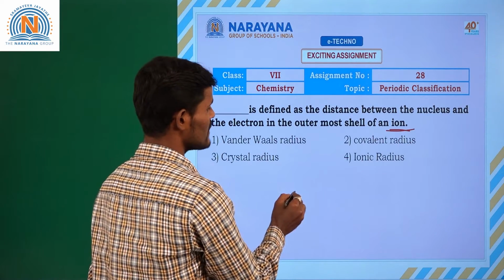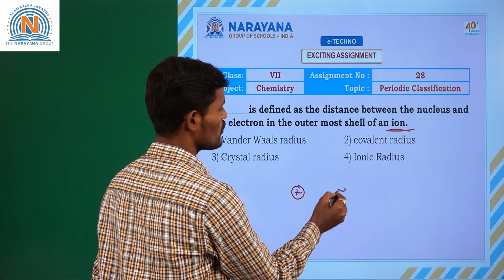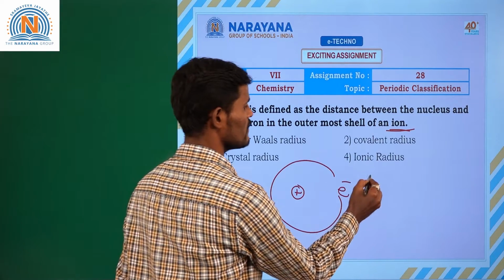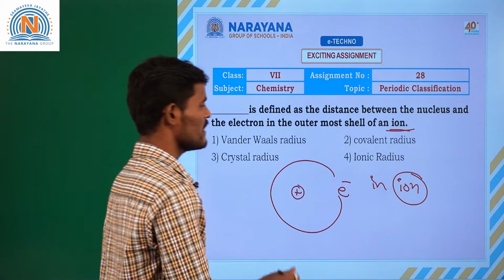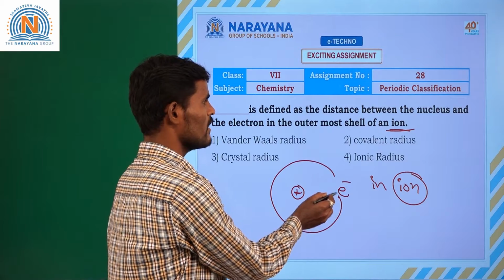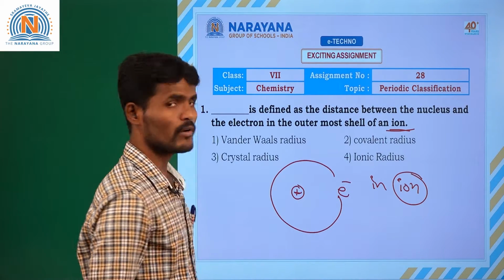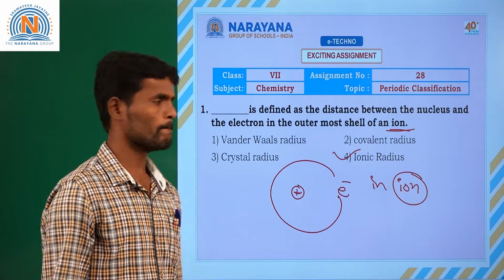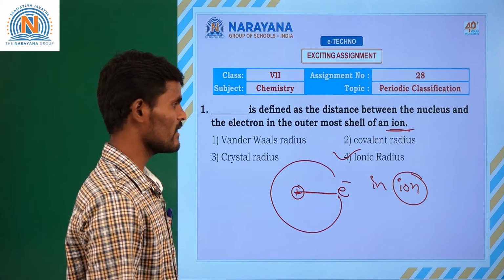Here, the distance from the center of the nucleus to the outermost electron of an ion is called what? Ionic radius. So the answer is the fourth option. The distance in an ion is called ionic radius.